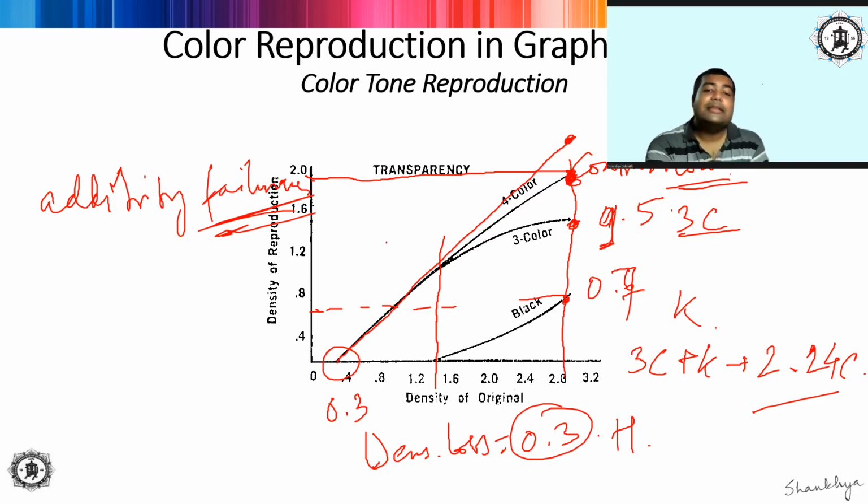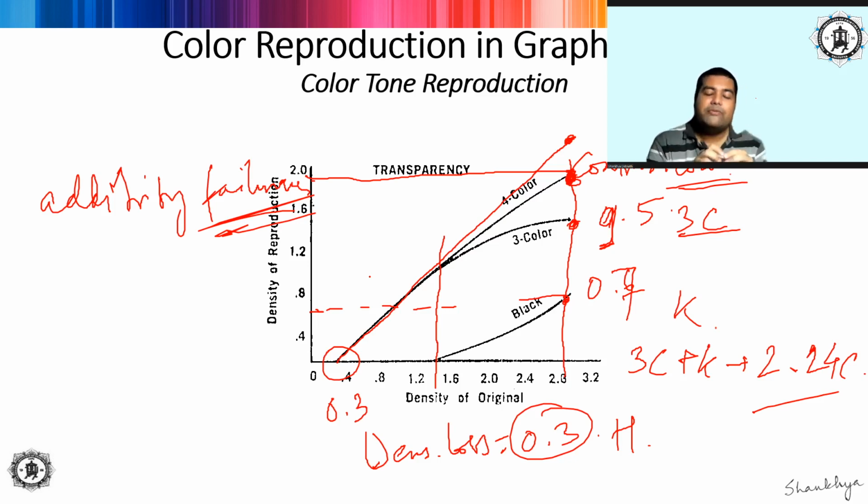The reason is that in order to compensate for the deficiency of the three color densities, the black printer is actually printing heavier black than is necessary, or a greater proportion of black than is necessary. Ultimately, try to think about it, if your black printer is printing a greater amount of black than is actually necessary, as I told you already in the previous slide, that black is the dirtiest color, and even in the shadow areas we are getting very dark, very high quantities of black.